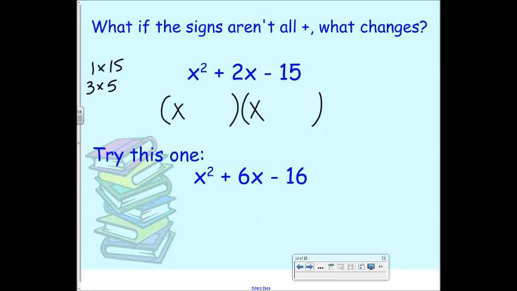Because this is a subtraction sign, now I'm looking for one that's going to subtract. So which one would subtract to 2? Okay. So I need this one. And then I need it to be a positive 2, which means which one should be positive? 5. So it's going to be x plus 5, x minus 3.